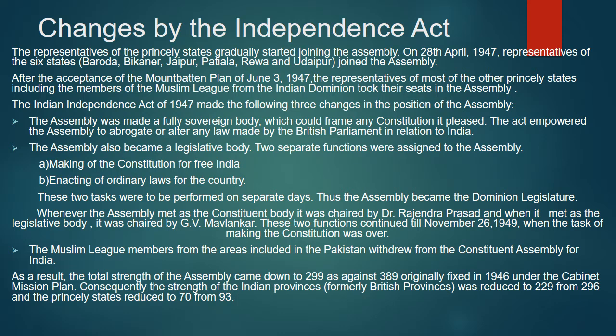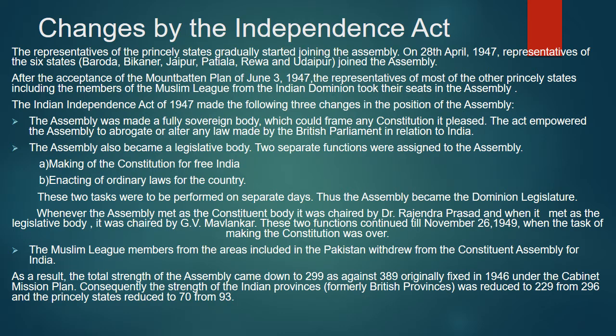The Indian Independence Act of 1947 made the following 3 changes in the position of the Constituent Assembly. First one is, the Assembly was made a fully sovereign body which could change any law made by the British Parliament in relation to India.